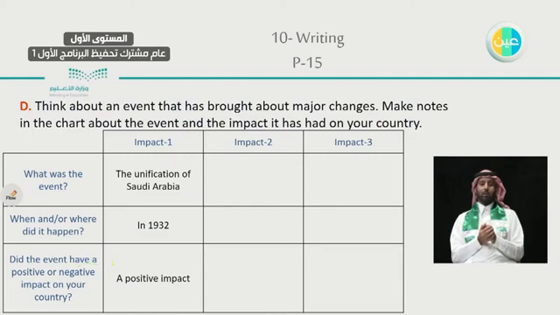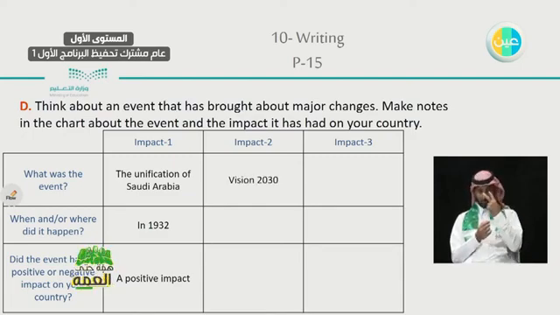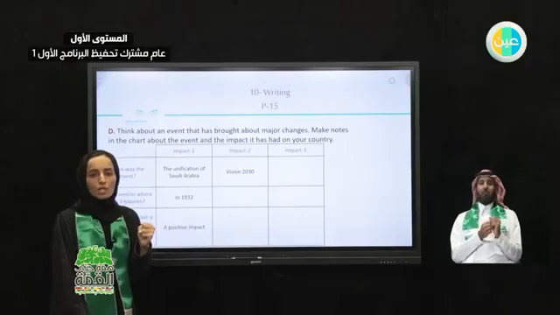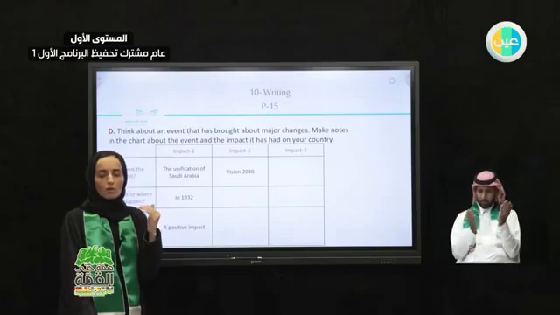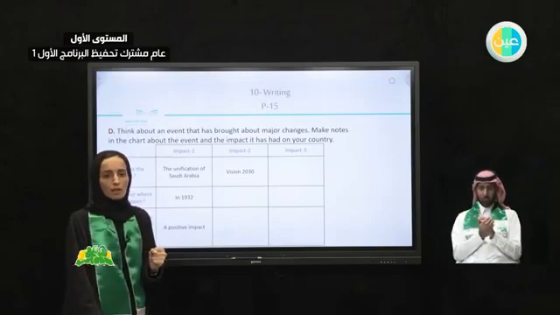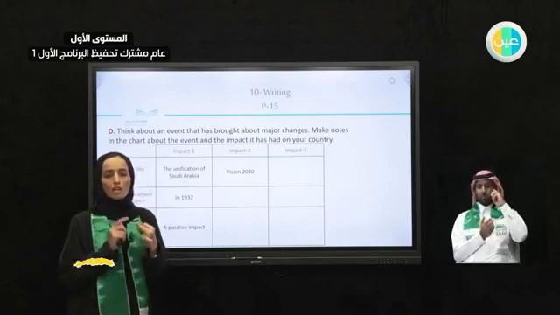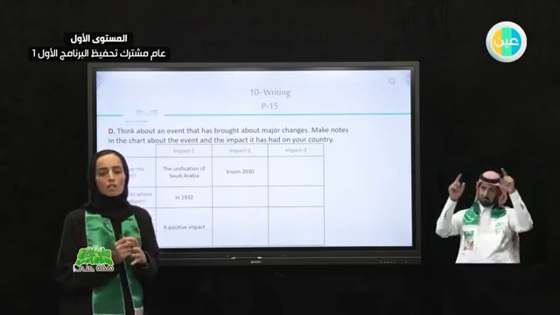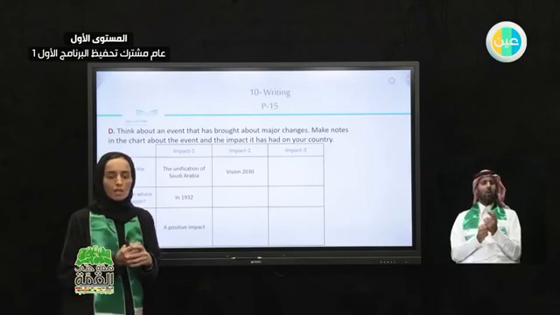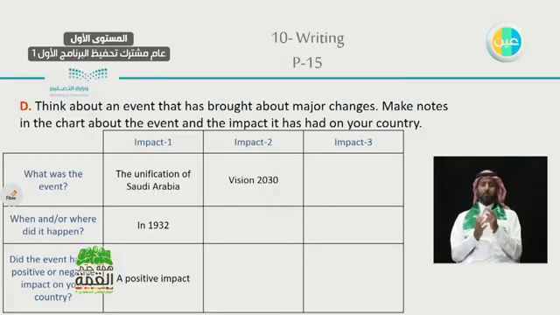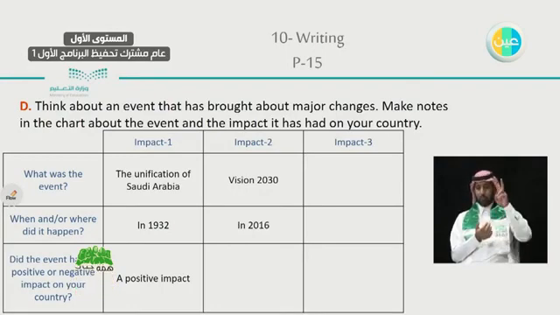The other one, which we discussed yesterday, was Vision 2030, and you have a great deal of information in your books on the reading that we got yesterday. Vision 2030. You can tell about the pillars, the themes, anything that was mentioned in the reading. When or where did it happen? In 2016.